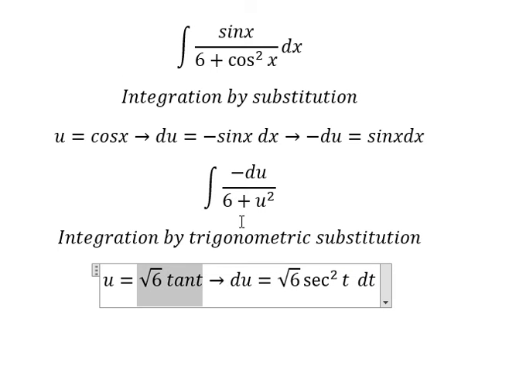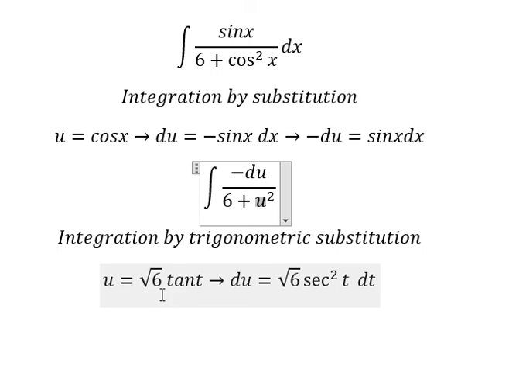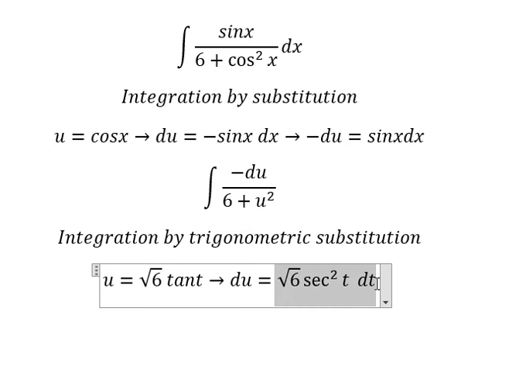Because if I put this one here, we have 6 tan t squared. For the 6, we can do factorization. 1 plus tan t squared, we change to secant of t squared, and later we simplify the u from here.